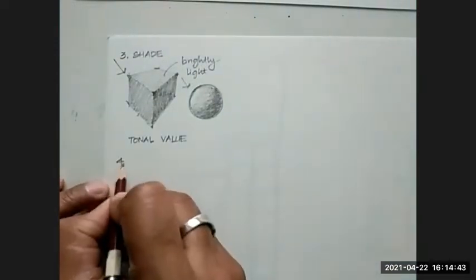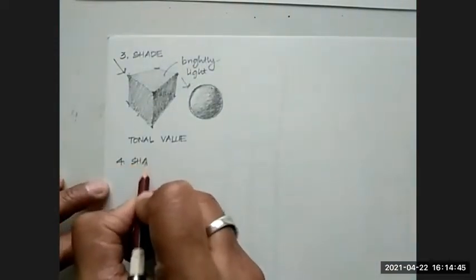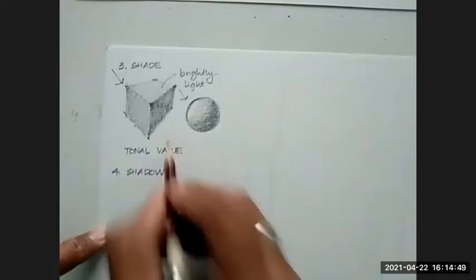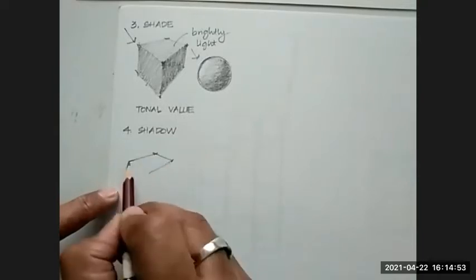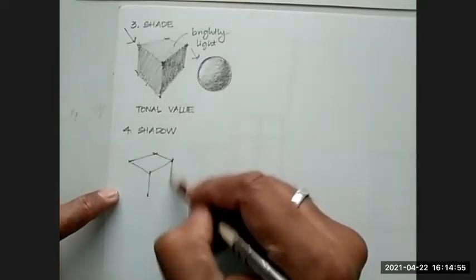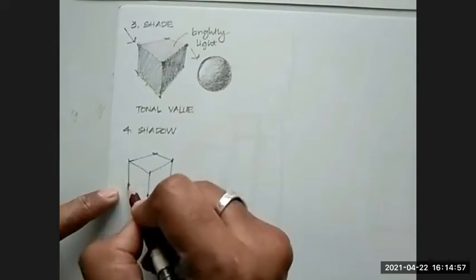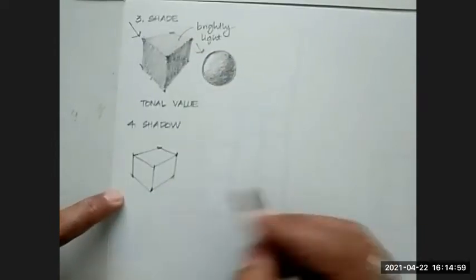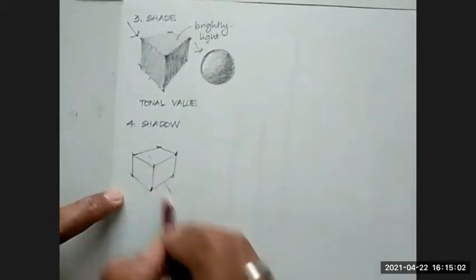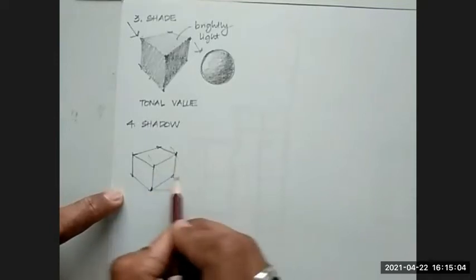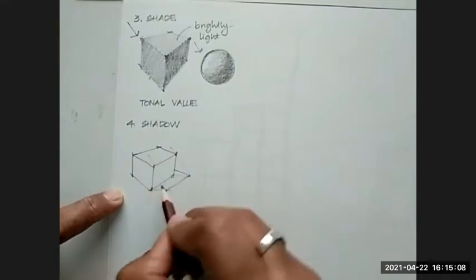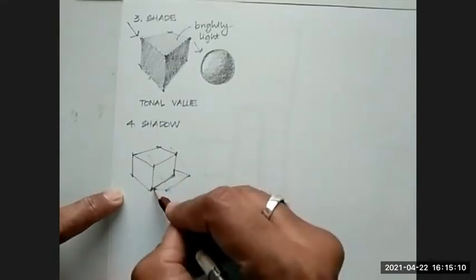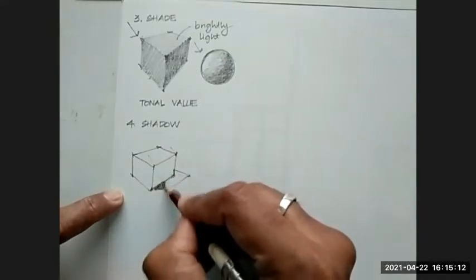The fourth comes is the shadow. I'm going to show the object here, cuboid, and I'm just going to draw the shadow at this moment, and I will protect the border and I will start rendering it with a darker value.